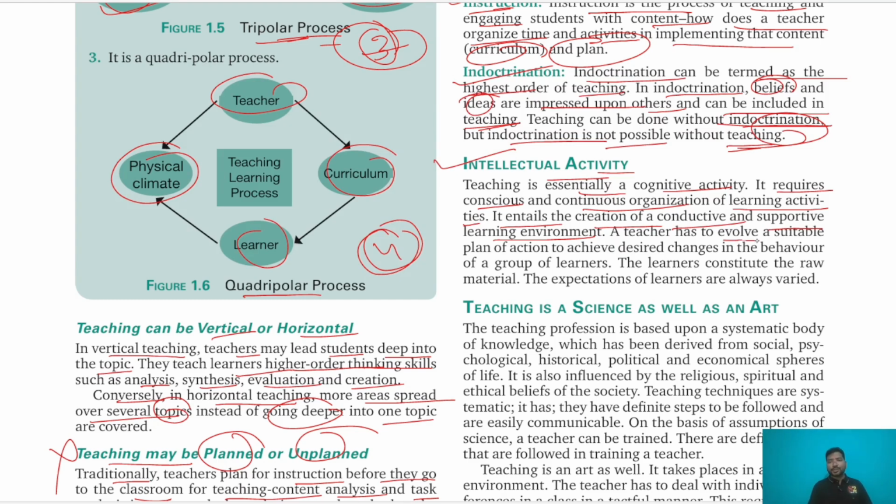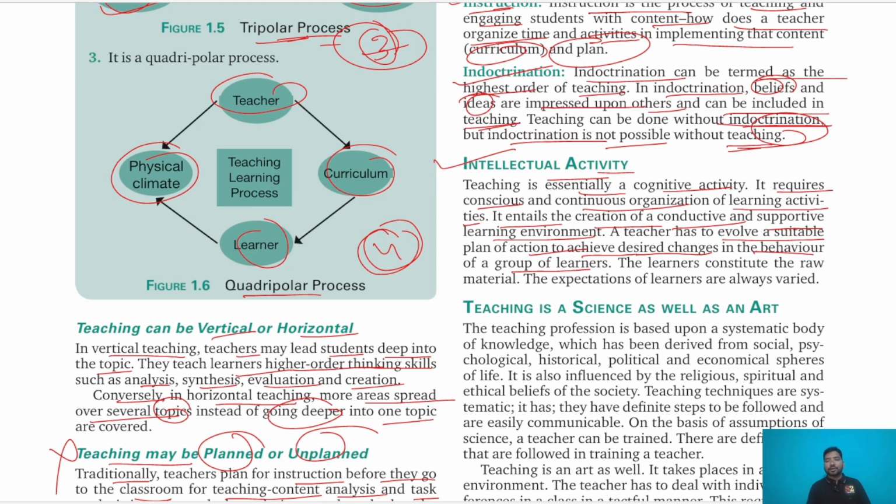A teacher has to involve a suitable plan of action to achieve the desired change in the behavior of a group of learners. So the teacher has to create a suitable environment so that the behavior of the student can be changed.